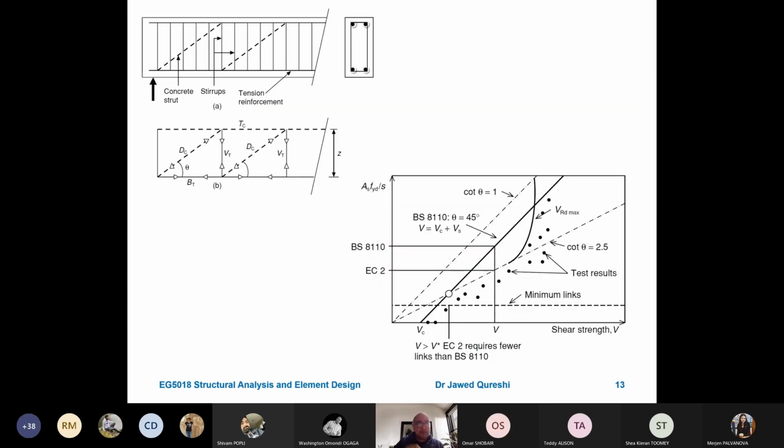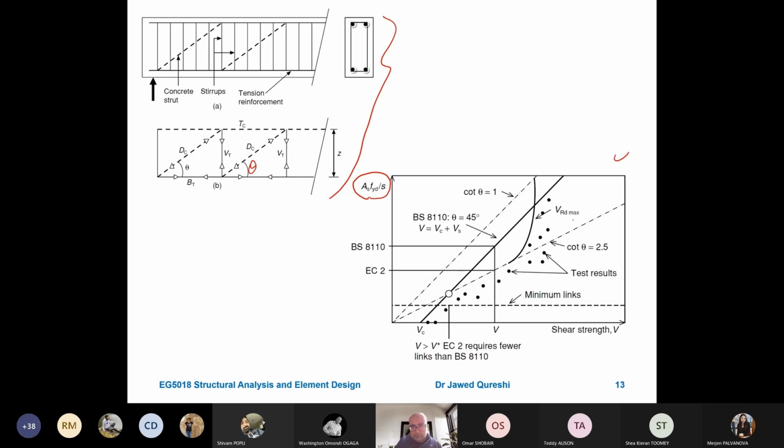Now, again, this is the truss analogy. I mentioned this earlier. We have these compression struts. In this graph on your right, you can see this is Asw fyd over s, where Asw means area of shear steel, fyd is yield of steel, and s is the spacing of steel.